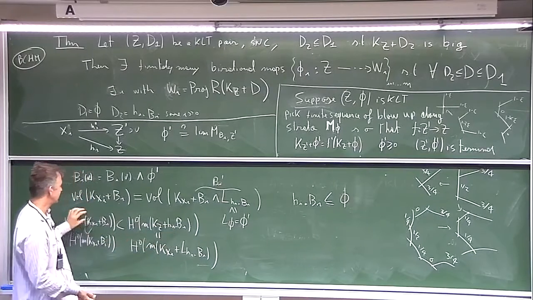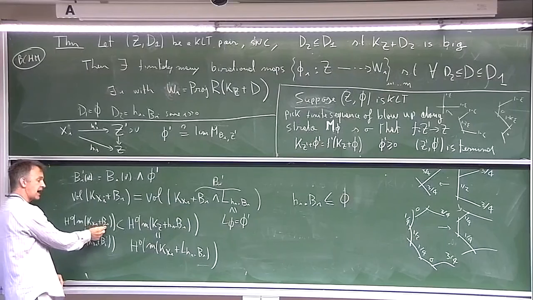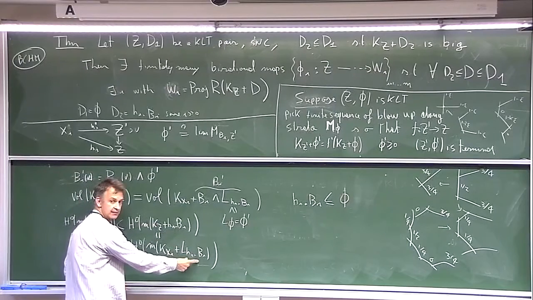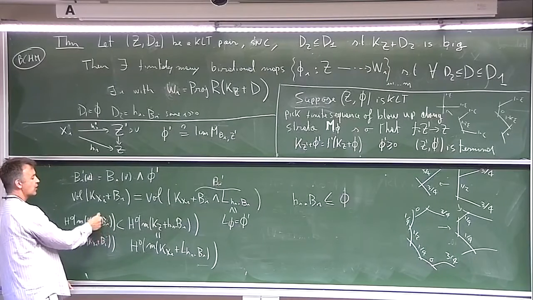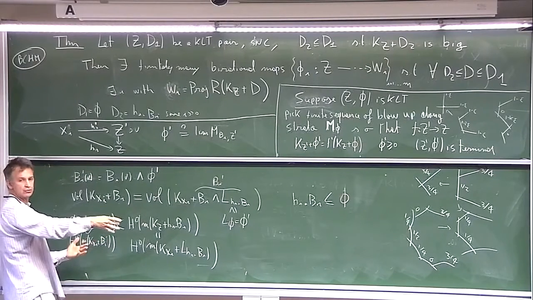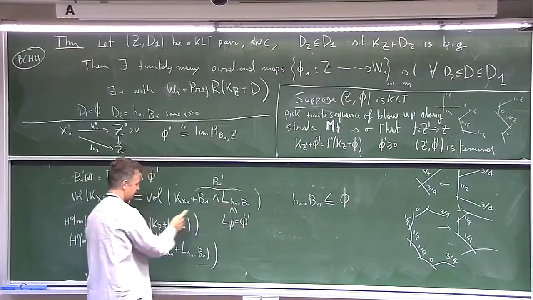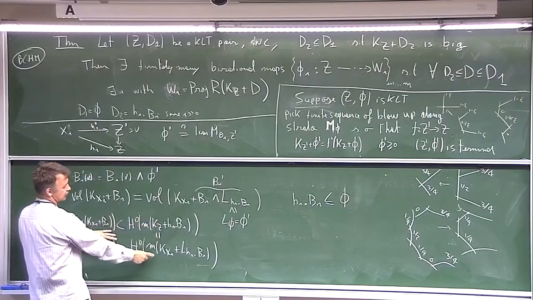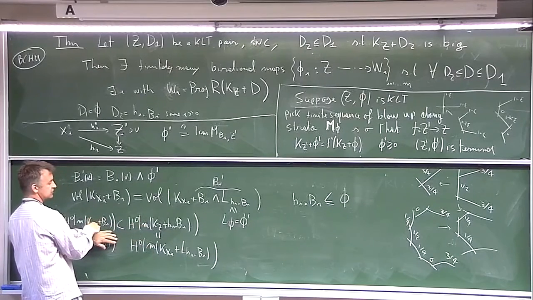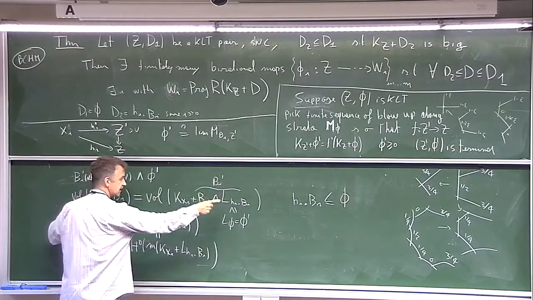In other words, these sections are allowed to have poles along b_i, but they only have poles along here. So the poles of these sections are not the whole of b_i, they're somewhat redundant poles. The redundant poles are exactly what I'm throwing away. By this inclusion, I know that these sections automatically only have poles along this. Hence, they are sections in here.